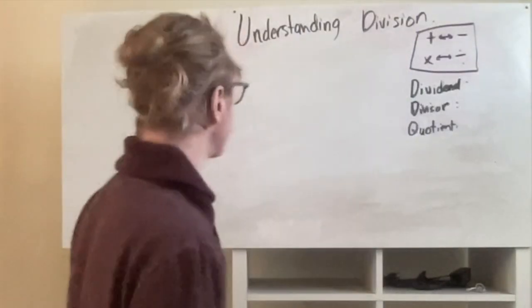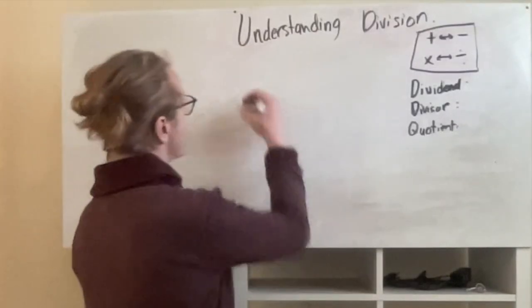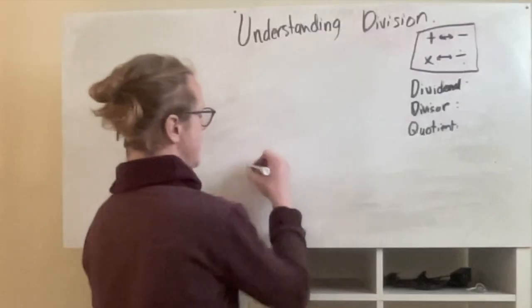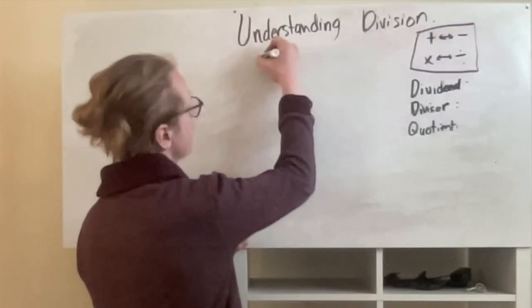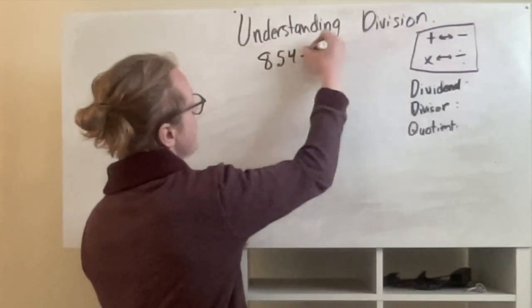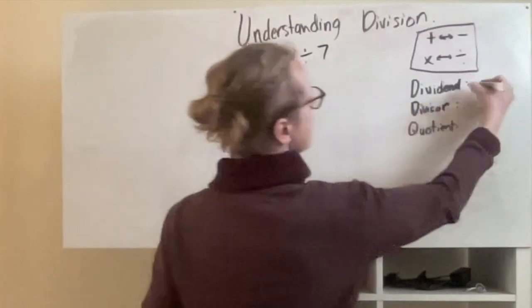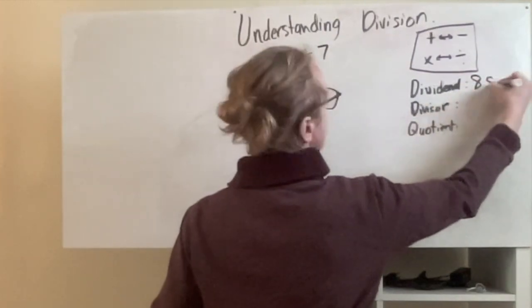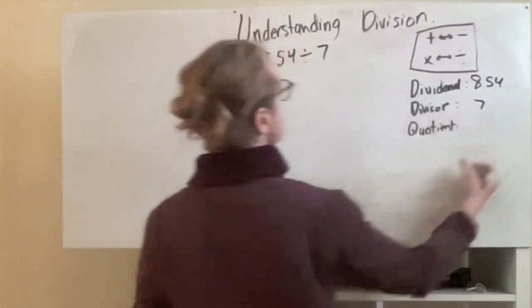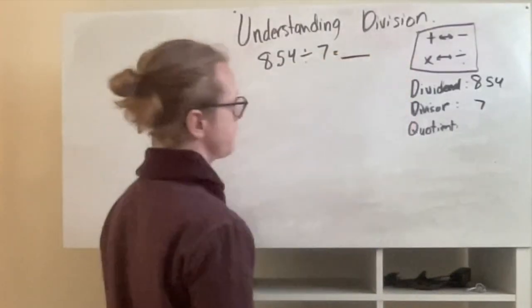Okay, we're going to do one more before we wrap this video up. So this time we're going to be dealing with our 7 times tables because 7 will be our divisor. 854 divided by 7. Okay, so in this case our dividend is 854, our divisor is 7. Again, our quotient will be the answer.